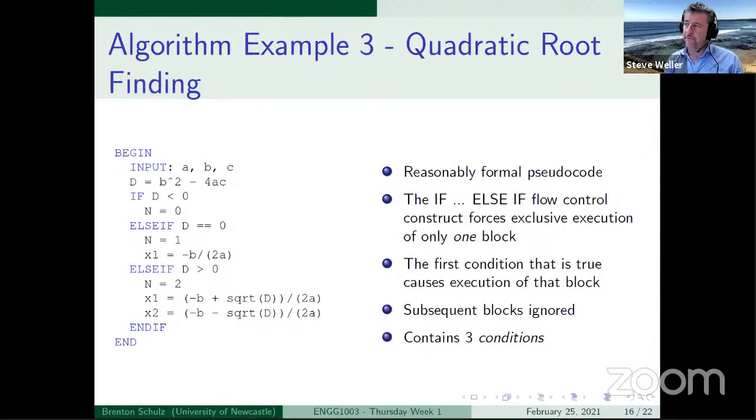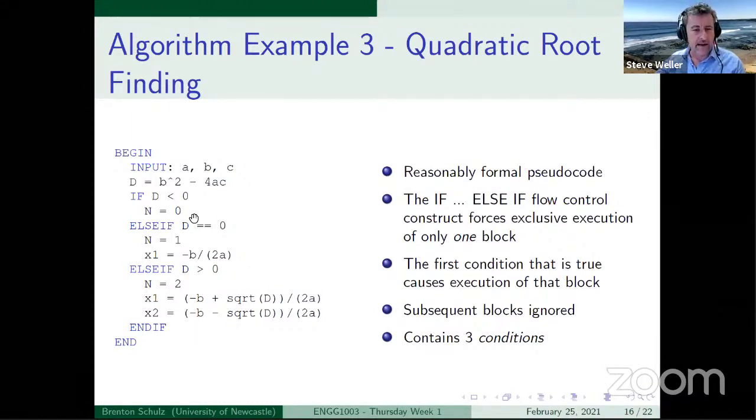I'm giving you the first non-trivial example of an algorithm, such as we might see in solving an engineering problem. It's got clearly defined inputs, A, B, and C. It's got clearly defined outputs, which are n, x1, and x2. And there are numerical expressions which lay out the recipe for computing both n, x1, and x2 as part of this pseudocode.